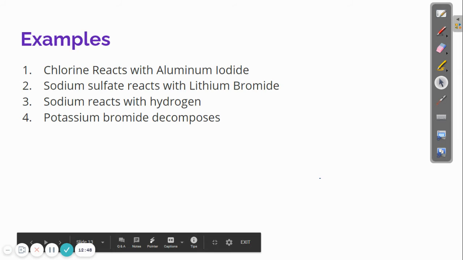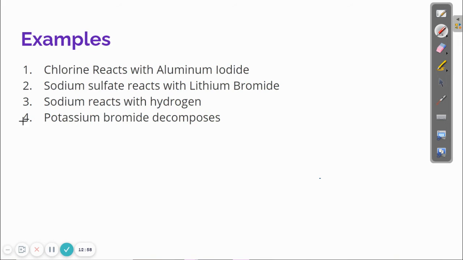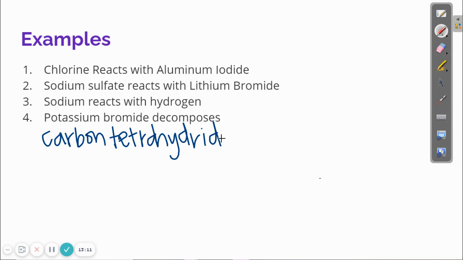All right, so I have only 4 examples here. So let's go ahead and do these. And I think the one example I don't have is a combustion reaction. The reason I didn't put a combustion reaction on here is because it would be something like carbon tetrahydride reacts with oxygen.